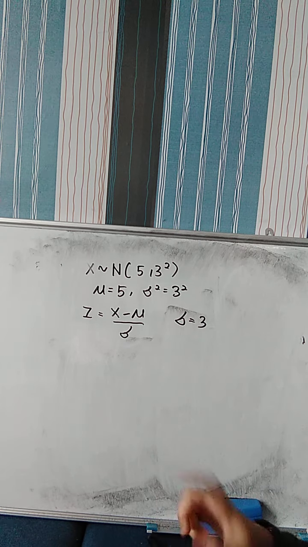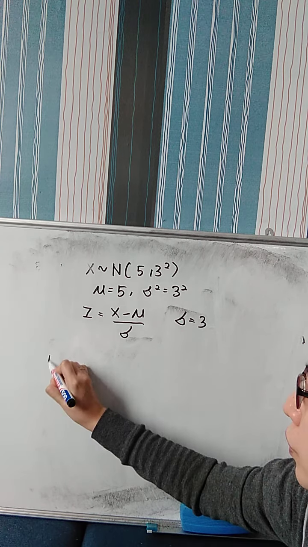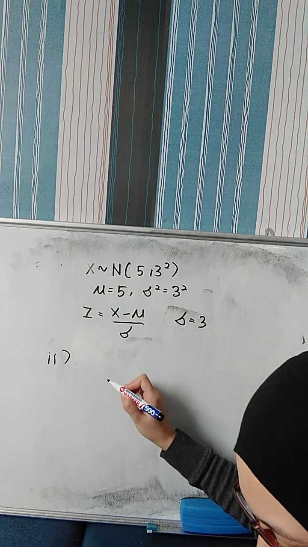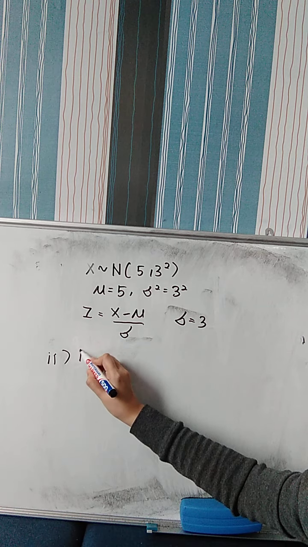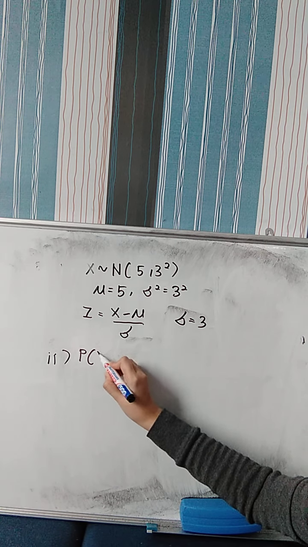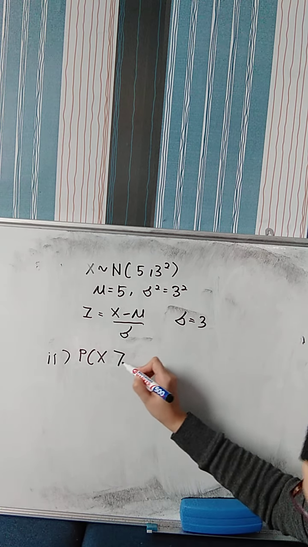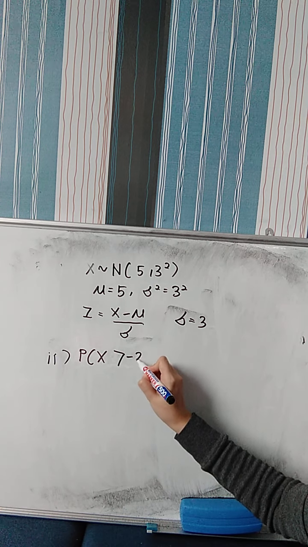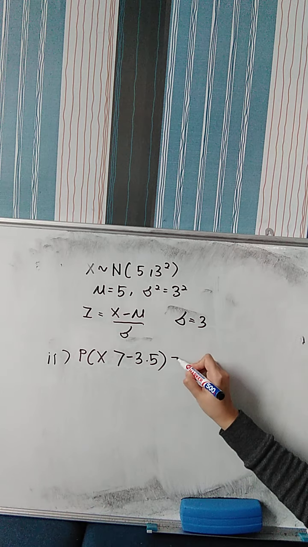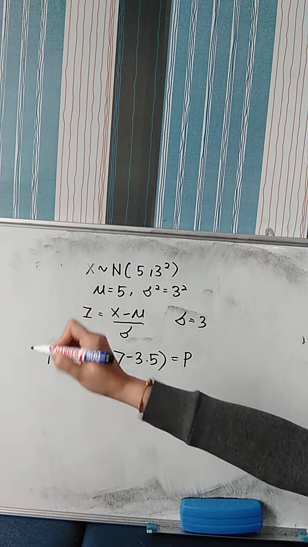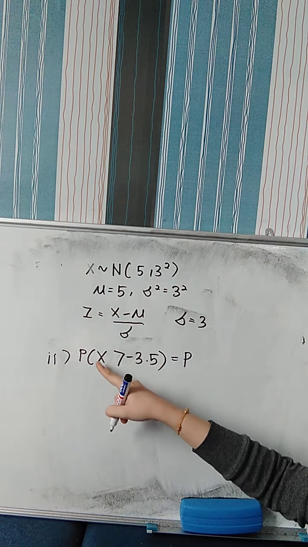Okay, let's continue to number 2. For number 2, the question asks you to find P(X more than negative 3.5). So you need to change to standard normal.